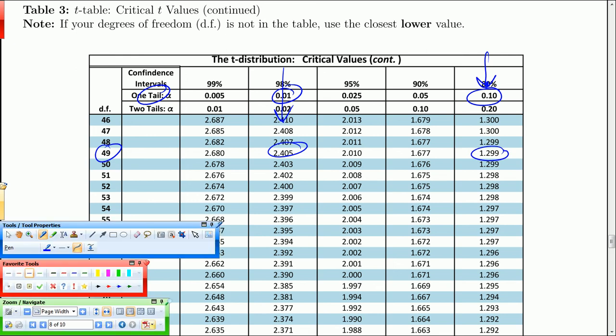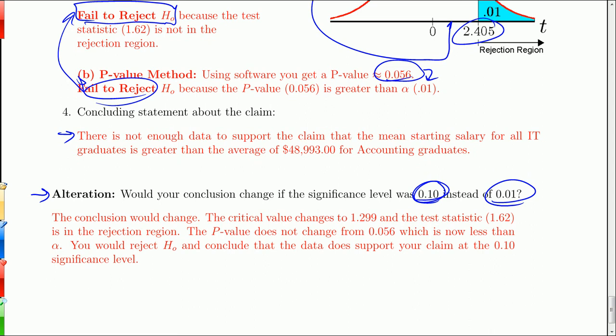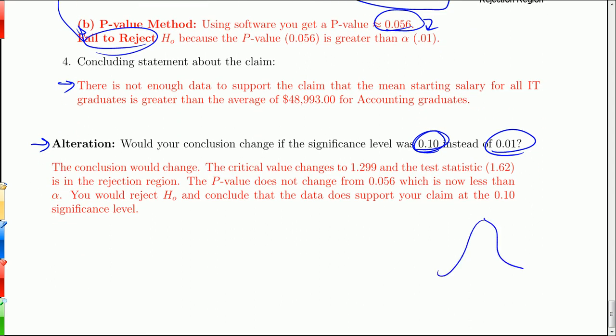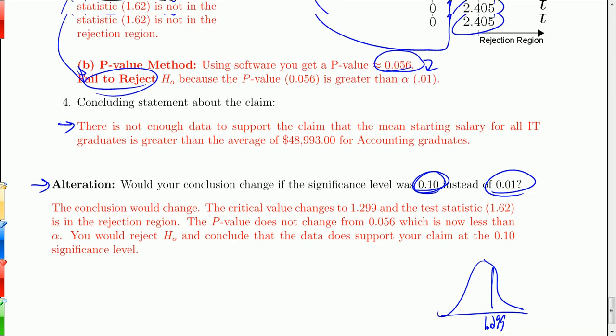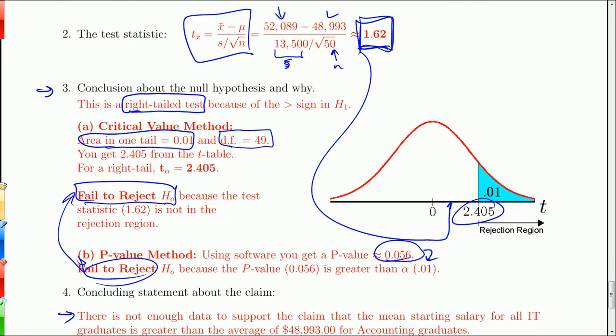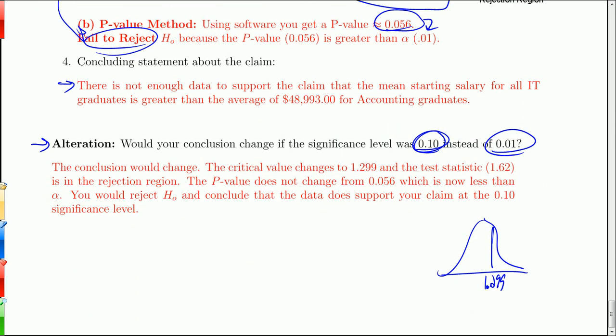So my critical value changes pretty dramatically. Now if you look at your test statistic, which was 1.62, that's actually in the rejection region, right? Because this is the rejection region.